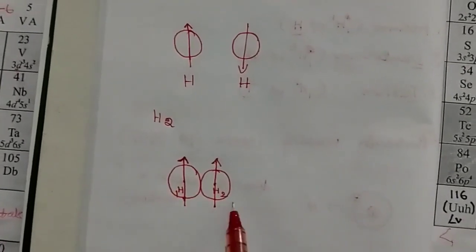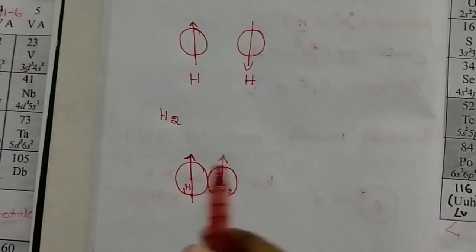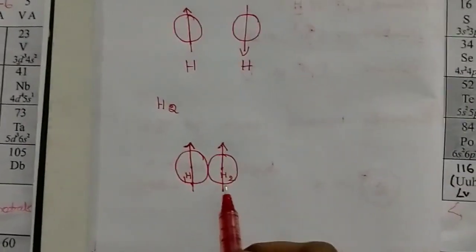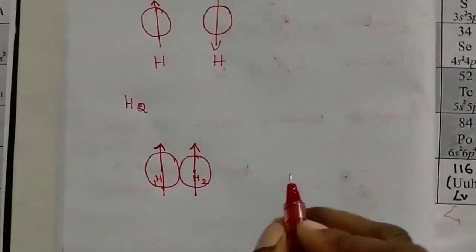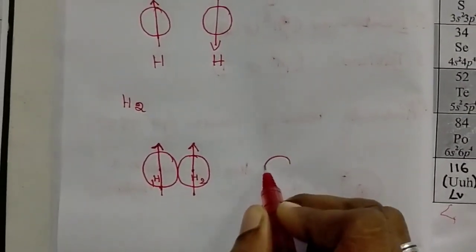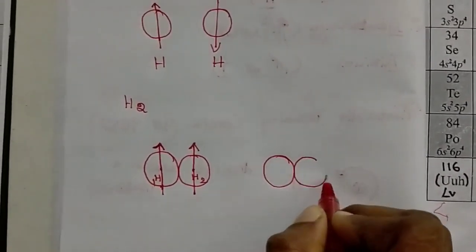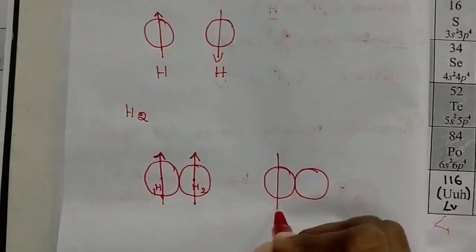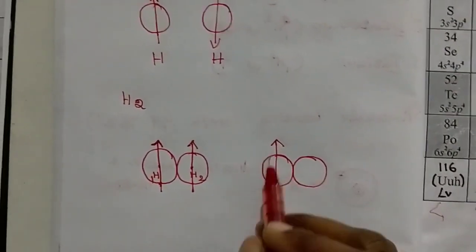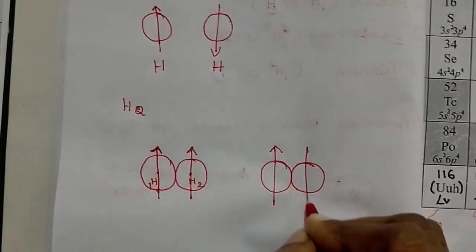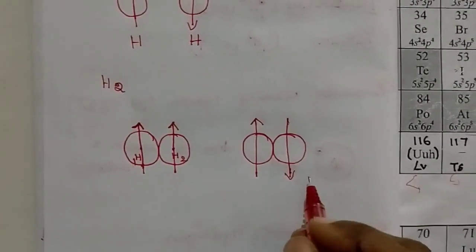Both atoms contain the nucleus, and it may be spinning in the same direction, or the other possibility is that it is in the opposite direction. In the opposite direction, one nucleus is spinning in the clockwise direction and the other is spinning in the anti-clockwise direction.